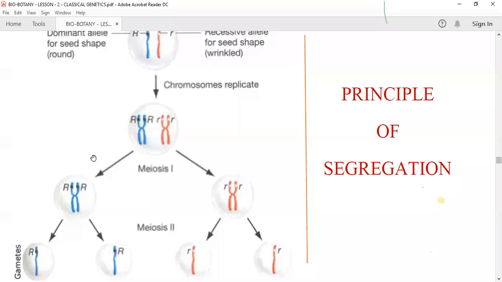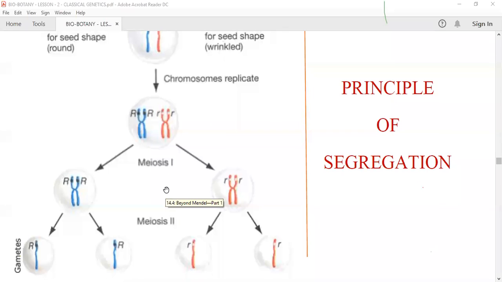Okay, the last one, the principles of segregation.